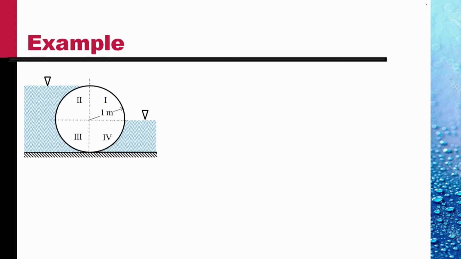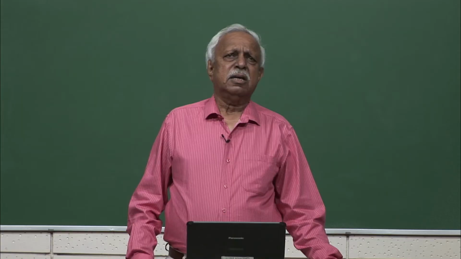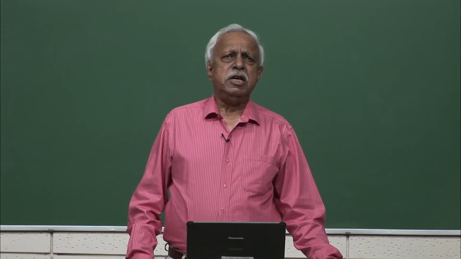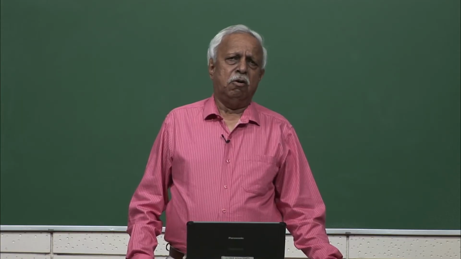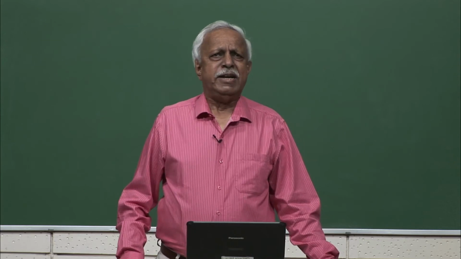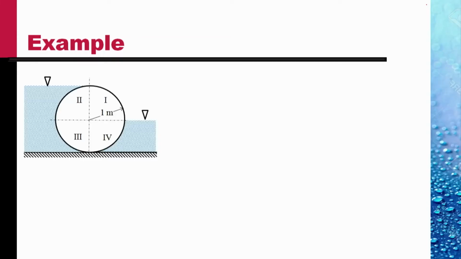If the radius of this cylinder is 1 meter, the depth of liquid on the left is 2 meters and on the right is 1 meter. To determine the forces on this, let us consider the force on each of the 4 quadrants of the circular cylindrical surface.